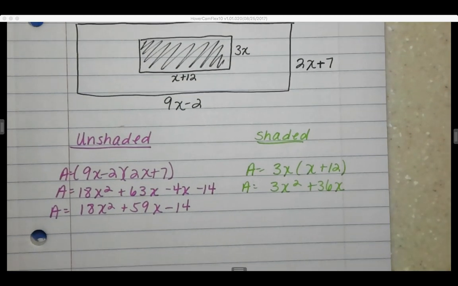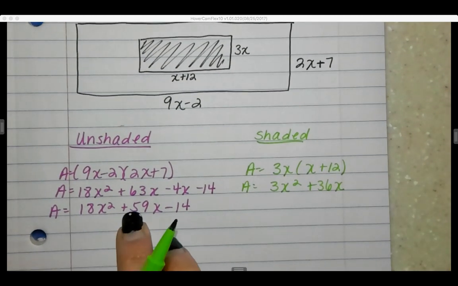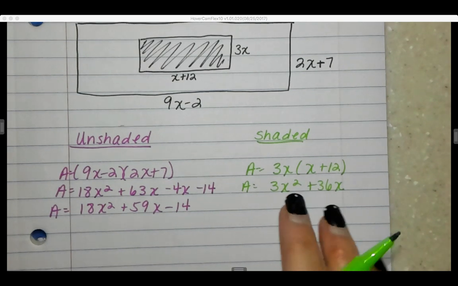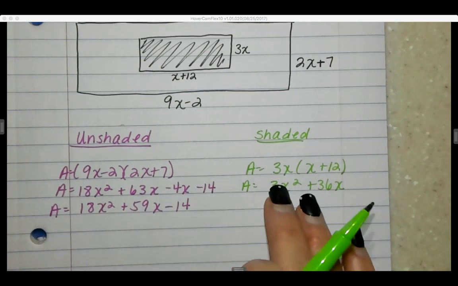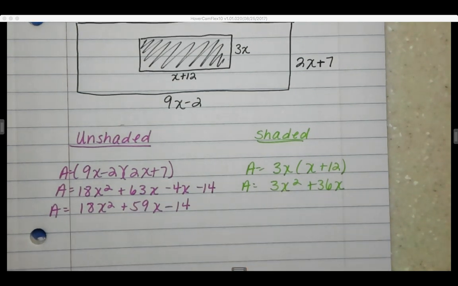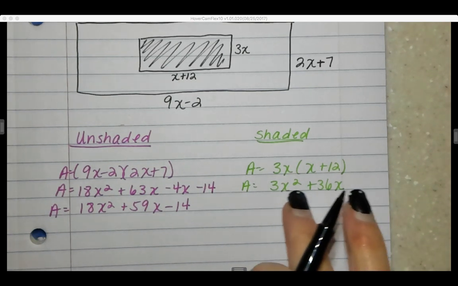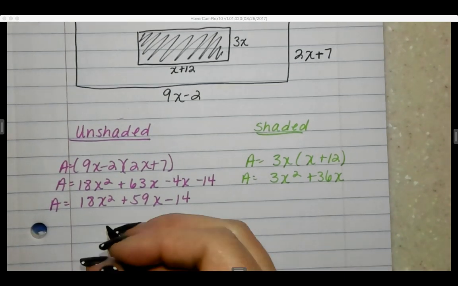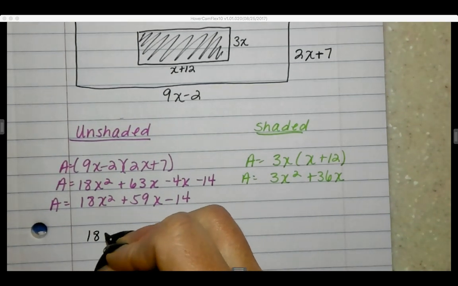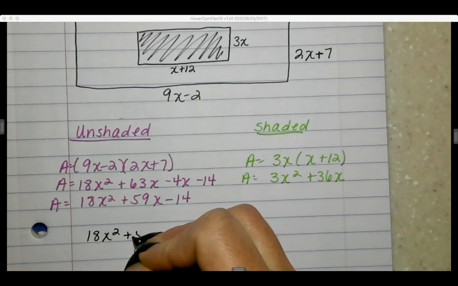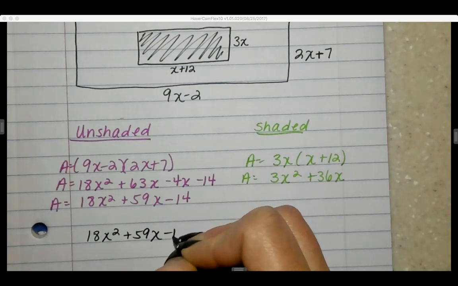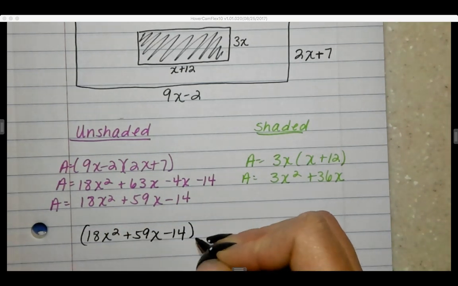All right, so big guy minus the small guy, or the unshaded part, take away the shaded part. Let me write that out. Be careful with the subtraction. I think some of you guys forgot what it means when you're subtracting a whole expression. We'll talk about that as soon as I get it written out. Right?